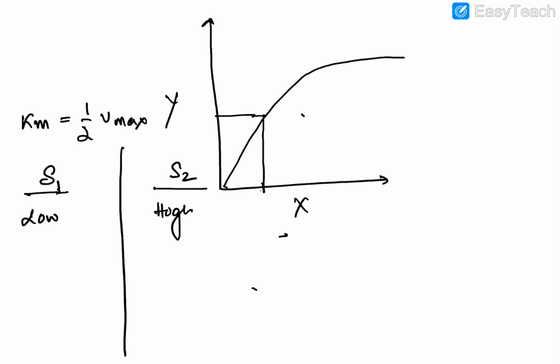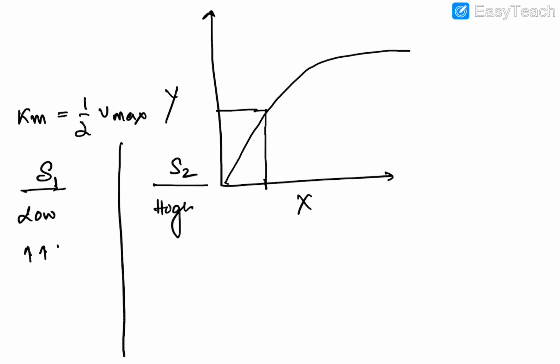Now, logically, if a substrate has low affinity for the enzyme, that means we will need a higher amount of that substrate to attain Vmax. And if the substrate has high affinity, we need less substrate to attain Vmax.